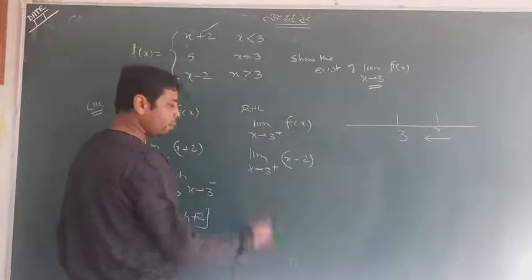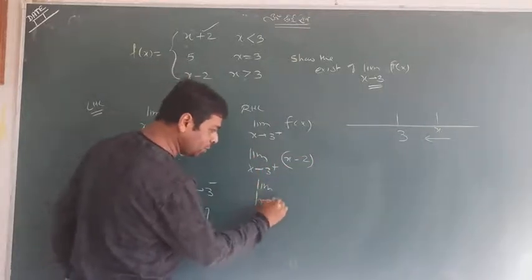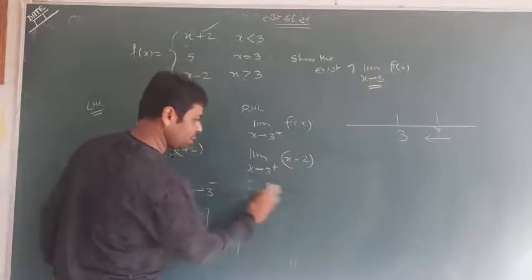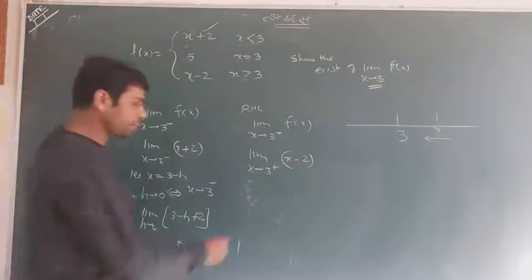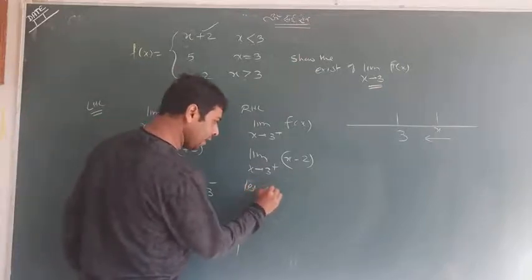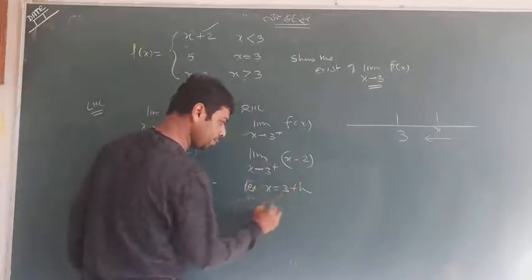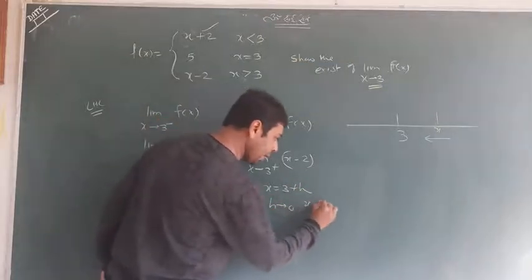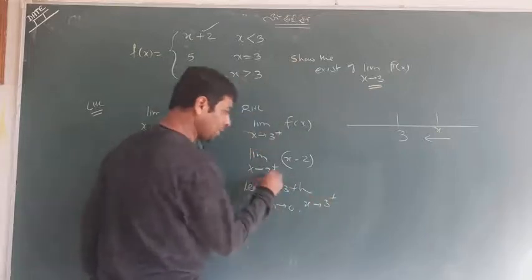When you change this to h tends to 0, instead of x, let x be equal to 3 plus h. When h goes to 0, x will go to 3 from the plus direction.